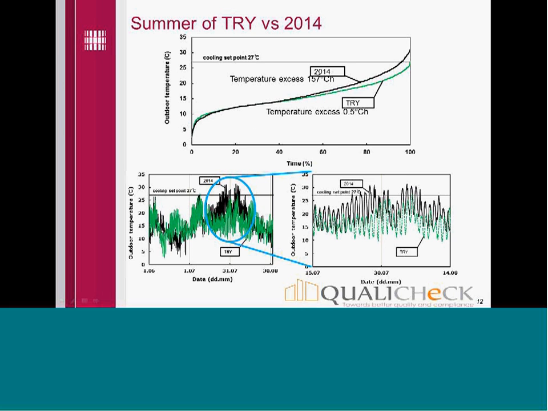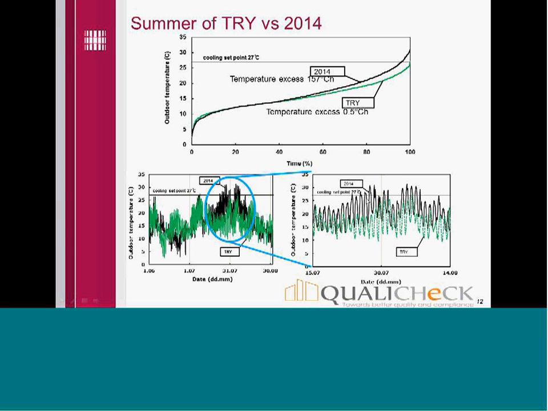First of all, this summer it was quite hot. As you can see, the duration curve of outdoor temperature in 2014 compared to the test reference year shows significantly hotter weather this summer, and it can be expected that overheating problems were quite severe because of such heat waves.